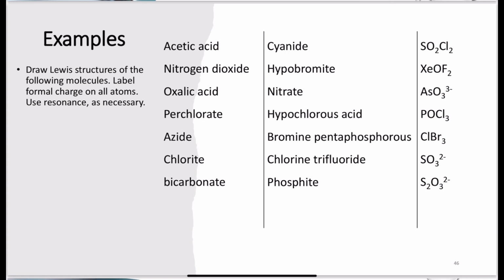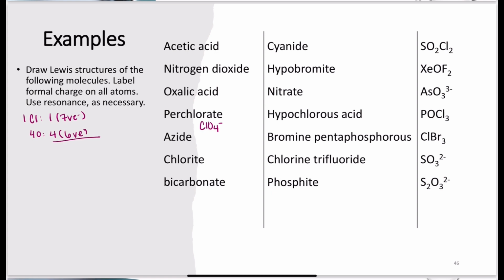Okay, what about perchlorate? What is perchlorate? Well, it's one of our polyatomics, right? ClO4 minus. So I've got 1 chlorine, so 1 times 7 valence electrons, and 4 oxygen, 4 times 6 valence electrons.